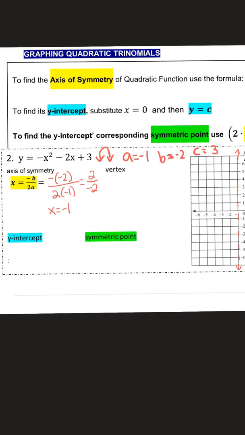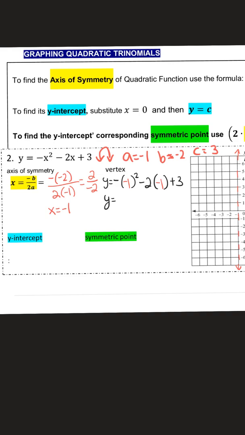Okay, so then to find the vertex, we're going to take our function and plug in our axis of symmetry. So I get y equals negative, and instead of x, I'm going to write -1 in there, -2 times -1 plus 3. Now let's put the -1s in there. And then let's simplify using order of operations.